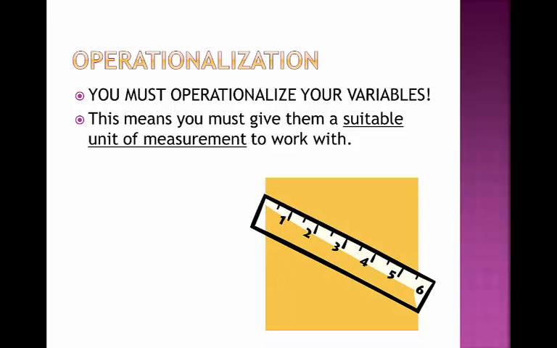So height may be done using a ruler. We are going to measure people in centimeters. And then intelligence, that's quite arbitrary, but for example, IQ points is how we're going to measure intelligence. We must always give a suitable unit of measurement to work with for every single variable that we use. And notice how I've highlighted suitable. We can't go measuring people in micrometers, and we can't go measuring our roads in nanometers.